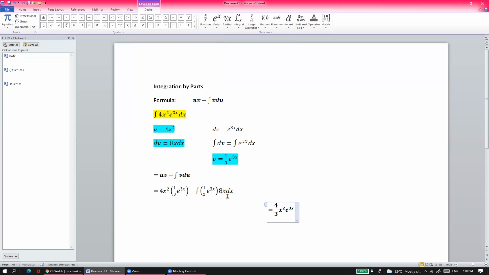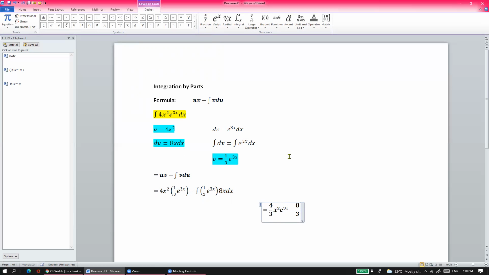And then, how about the other one? Minus. Parehong positive yung nandito. Positive and positive is positive. That times negative is negative. So definitely this will be a negative sign. And then what is 1/3 times 8? That is 8/3. Ilalabas ko na kagad siya sa integral symbol. Maglalagay ako dito ng 8/3.